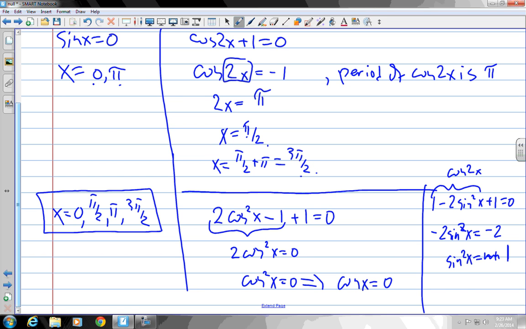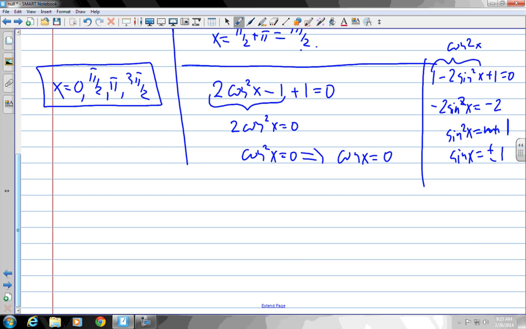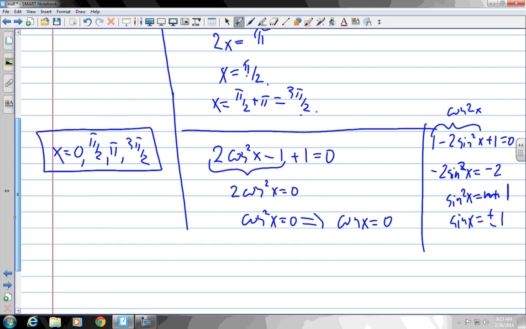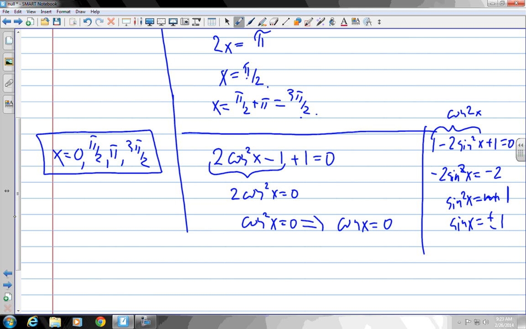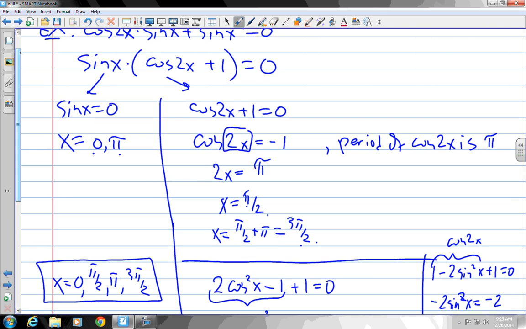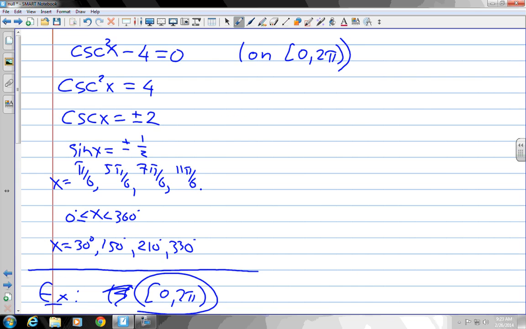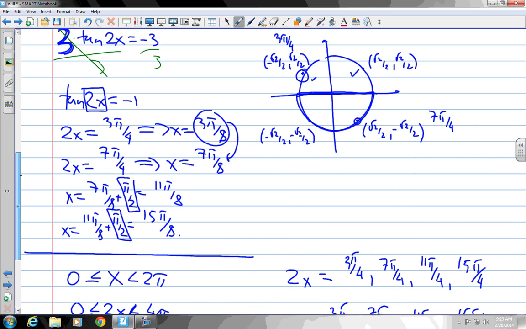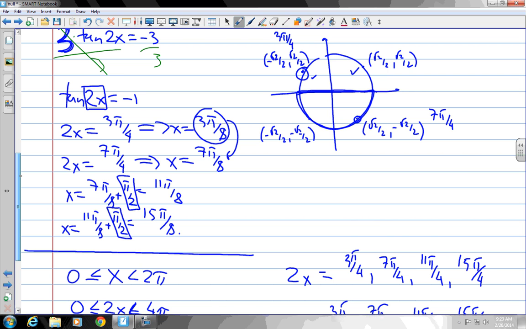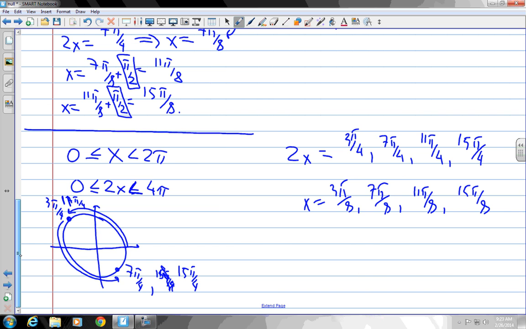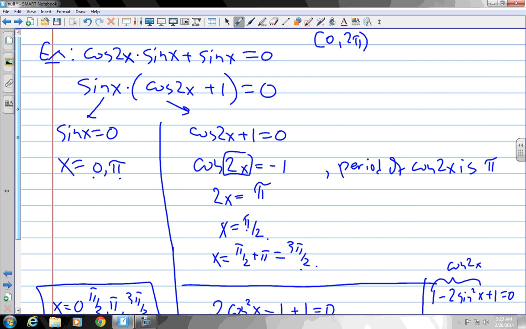That means sine x equals plus or minus 1, which is at pi over 2 and 3 pi over 2. Sine x equals 1 at pi over 2, and sine x equals negative 1 at 3 pi over 2. So you get the same solution. Sometimes it's beneficial to use this, especially for cosines, because that's a simple formula. For tangents, you don't need to use that formula, because the tangent formula is messy.